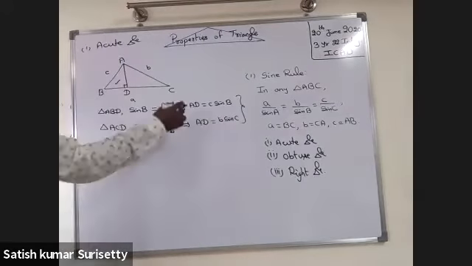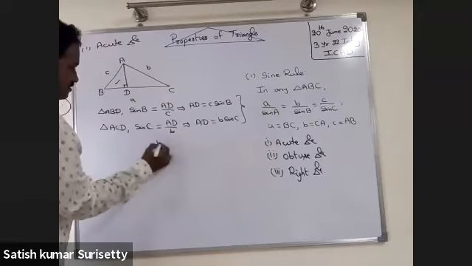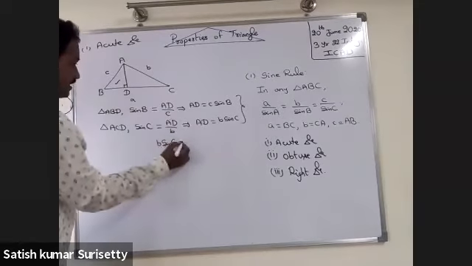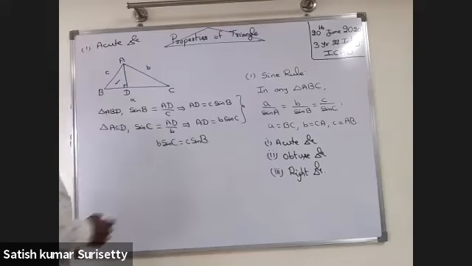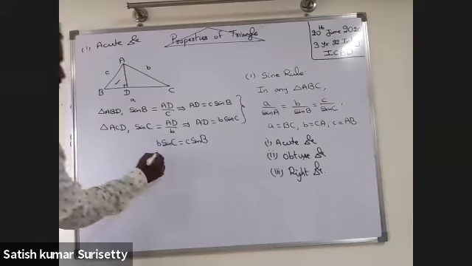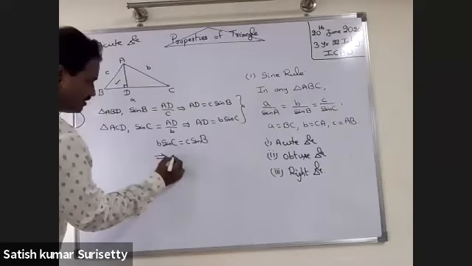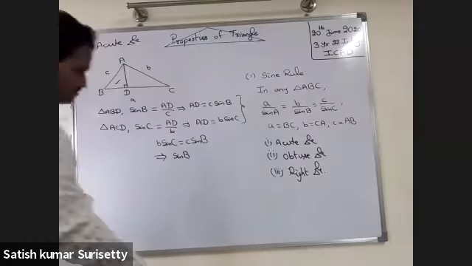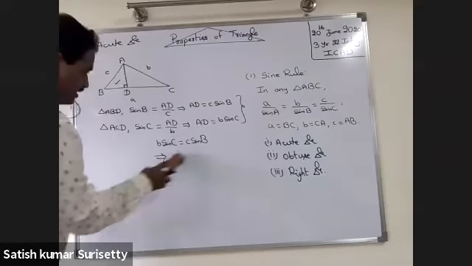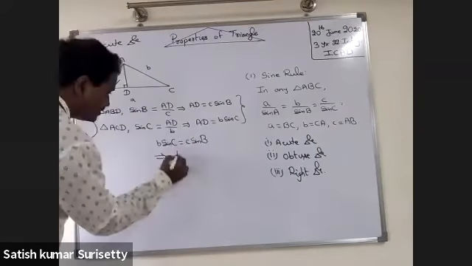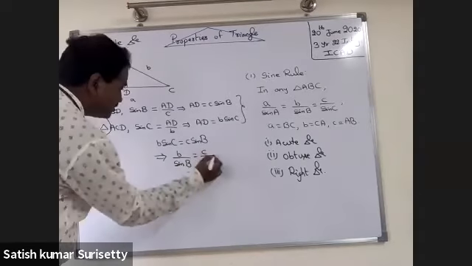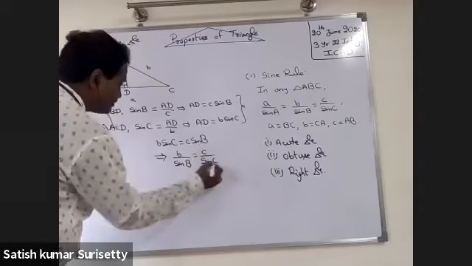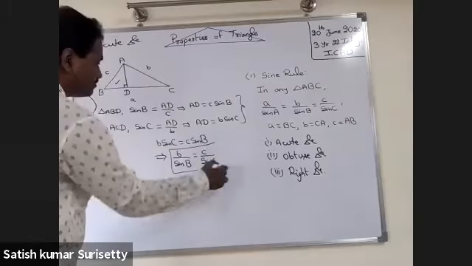So from these two, we can write b sin C equal to c sin B, which implies b upon sin B equal to c upon sin C. See this as equation 1.